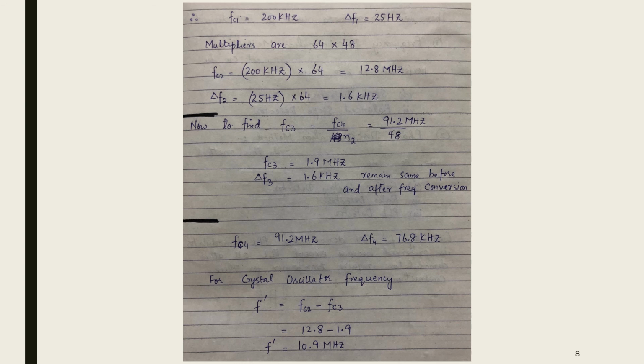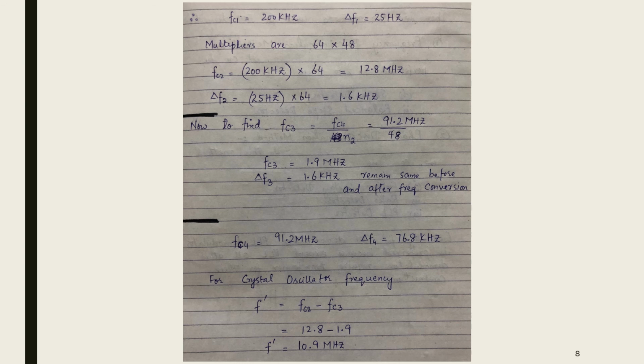So it will be the frequency of the crystal oscillator. If I use 10.9 megahertz, then I can get this frequency, which is 1.9 megahertz. In this way we have calculated 10.9 megahertz as the frequency for the crystal oscillator.